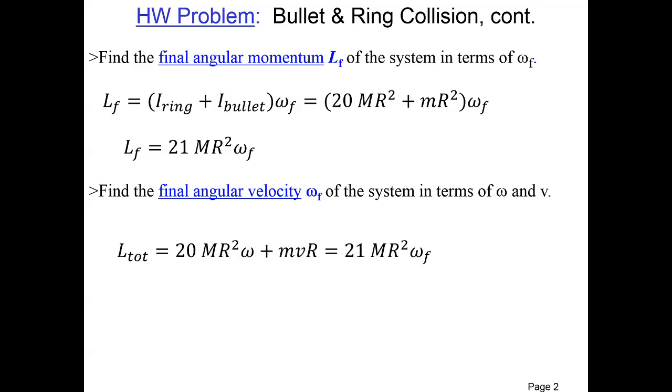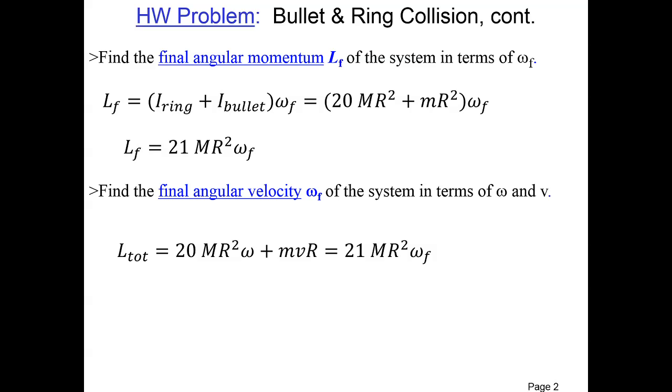So now we want to find the final angular velocity in terms of the initial omega and the velocity. The total angular momentum is the results we found on the previous slide. For the ring, it was 20 mr squared omega, and then the angular momentum of the bullet was mvr, and we set that equal to the total final angular momentum, which is 21 mr squared times the final angular velocity.